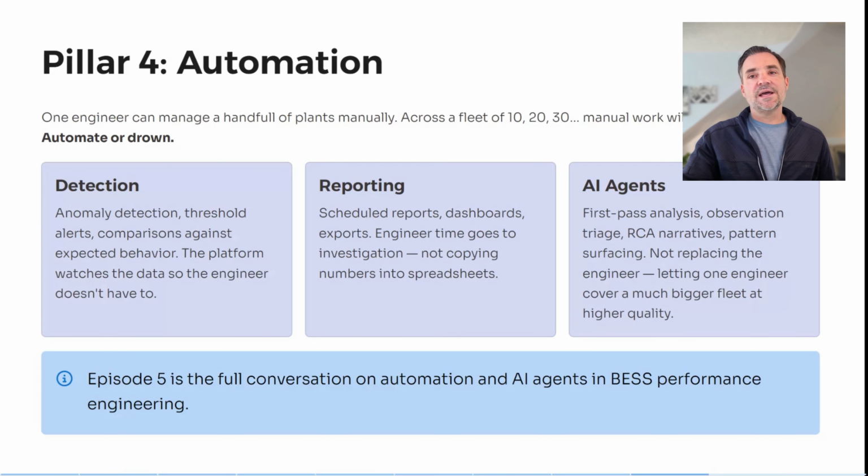Automation will be our last video in this series, where we're going to really look at ways to automate. It's not all about AI agents. It's also plain old automation of various things, but you first need to do it yourself as a performance engineer, put the processes in place, and when all that is working well, then you can automate it.